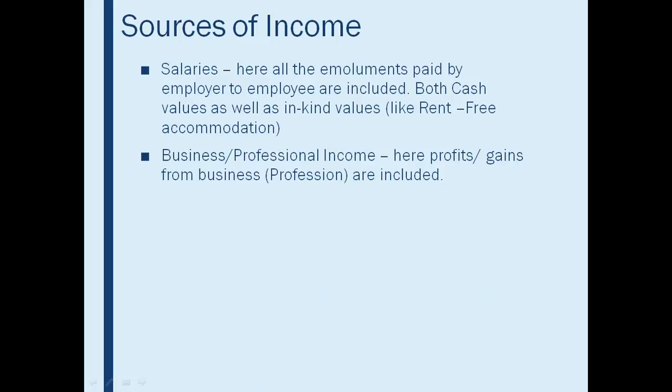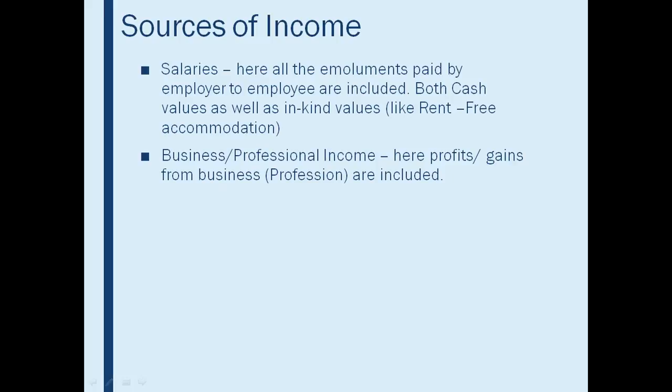Then there is income from business and profession. Some people might have a business, or some people might have a profession, such as a doctor or a chartered accountant or an interior decorator or some lawyer. For self-employed people, whatever money they receive from their clients or from the patients, that all is included.